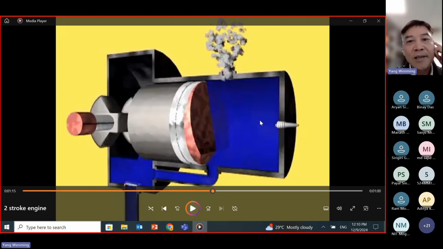Yes, two-stroke engines basically have lower efficiency than four-stroke engines. Why? From here we can see that for this kind of two-stroke engine, there is a duration when both the inlet valve and the exhaust valve are open, which means part of the fresh charge can be discharged from here directly before attending the working process, correct?